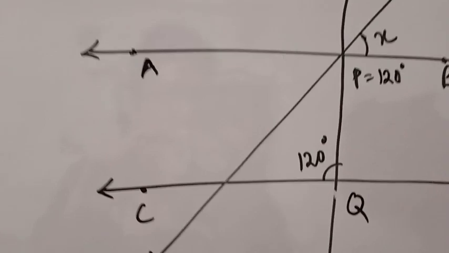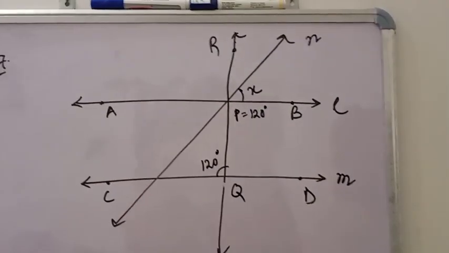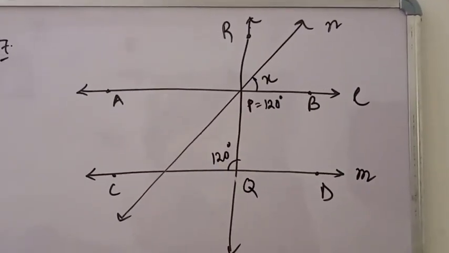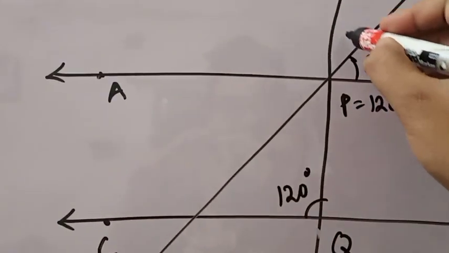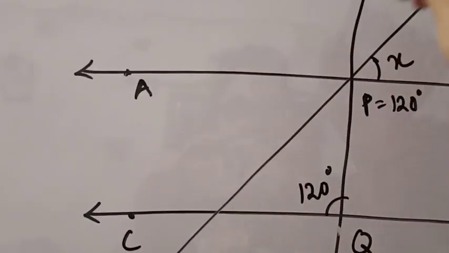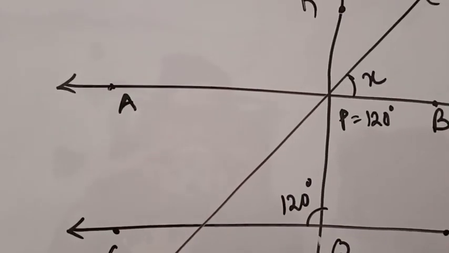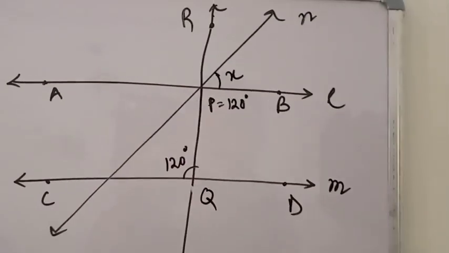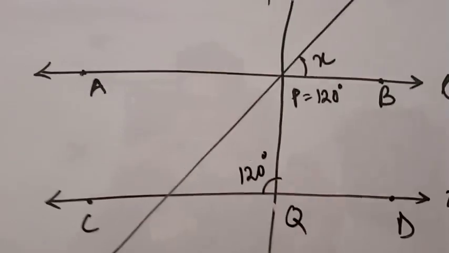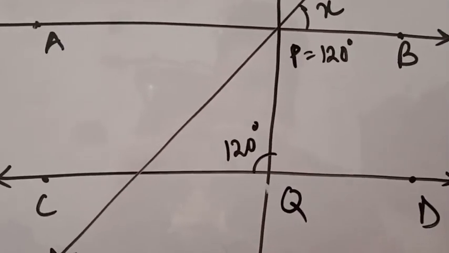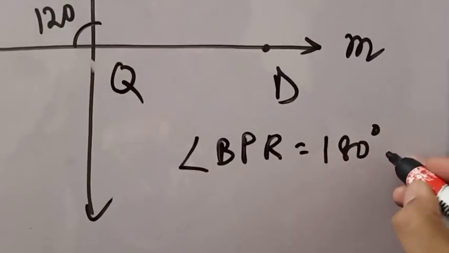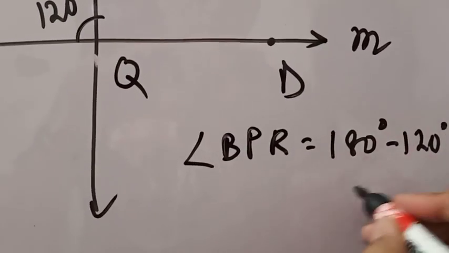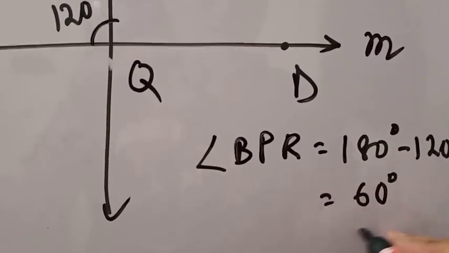Why? Because these are alternate angles. So angle P equals 120, and similarly this total angle, that means angle BPR, is 180 minus 120, that means 60 degrees. So angle BPR equals 180 degrees minus 120 degrees, that is 60 degrees.